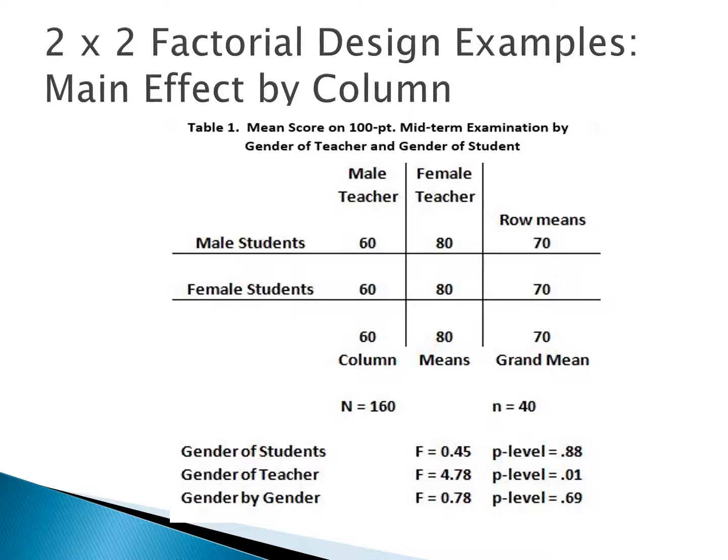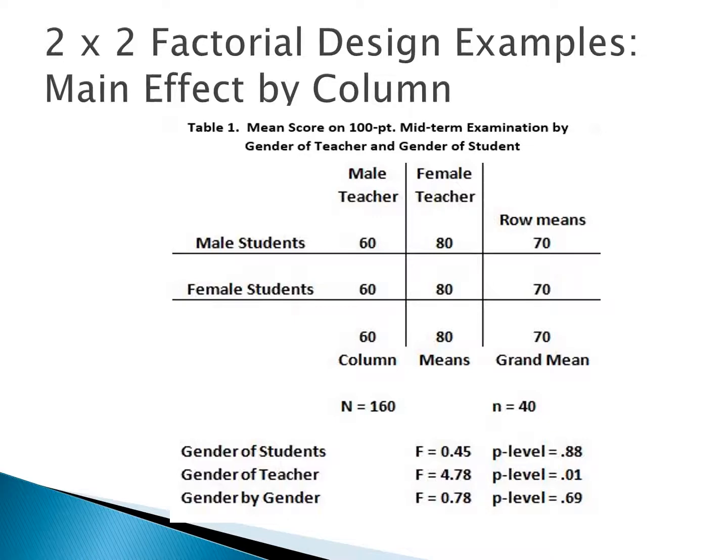Now remember that the first thing to look at is the significance levels at the bottom. The interaction here in shorthand says gender by gender, which means gender of students by gender of teachers. And that P level of 0.69 is non-significant, so I'm not paying attention to that.